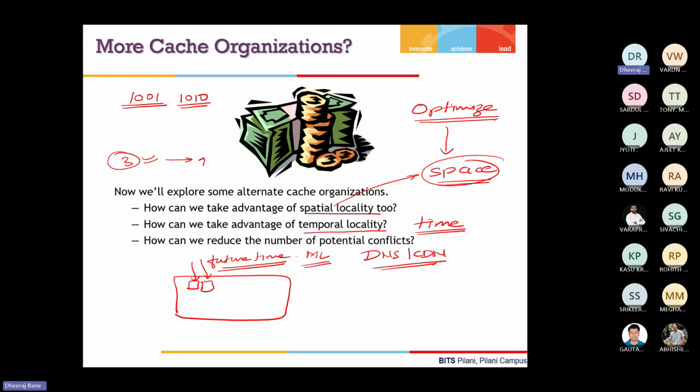So how good is it if we transfer two blocks when one block is required?